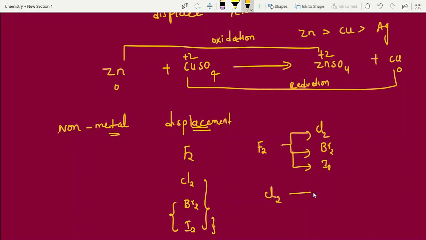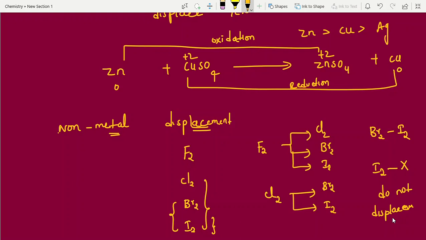Chlorine can displace bromine and iodine. Bromine can displace iodine. Iodine does not displace anything. That's it. More active metals like first A group elements and second A group elements all displace hydrogen gas.